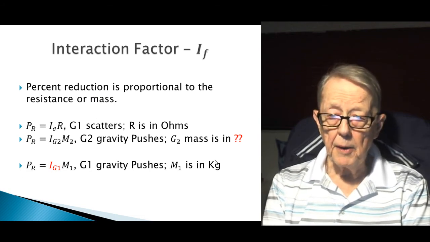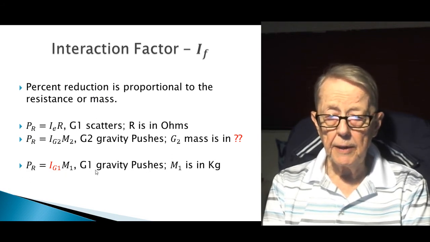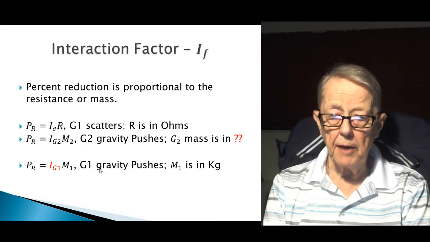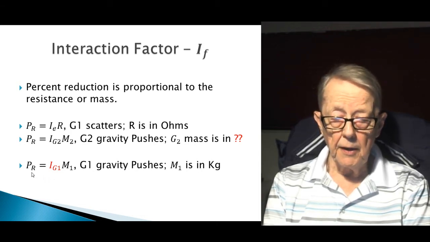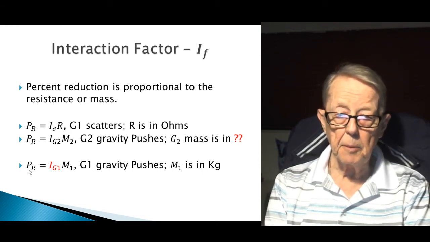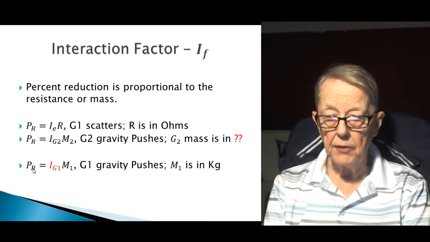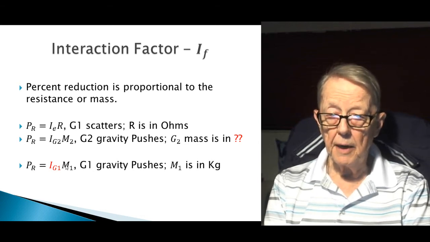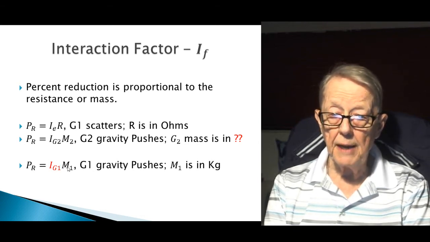Now at the very bottom, this is an equation that I used in my gravity equation. The percent, well, I got resistor here. I probably should have said the percent reduction as you go through the Earth is proportional to the mass of the Earth, and here is the constant.